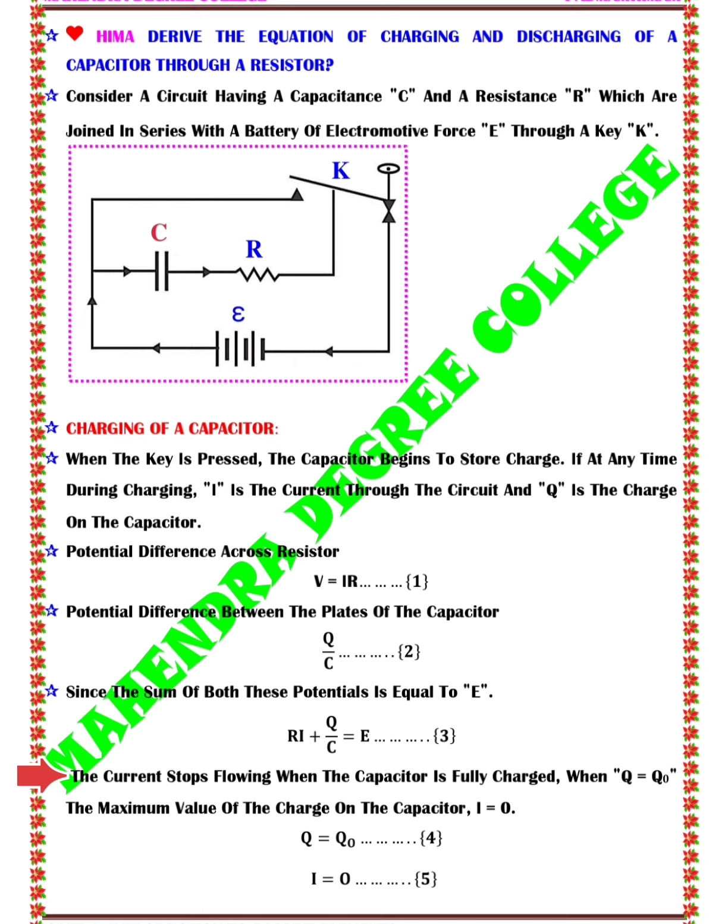As the capacitor charges, the voltage across it increases, reducing the voltage and hence the current across the resistor.